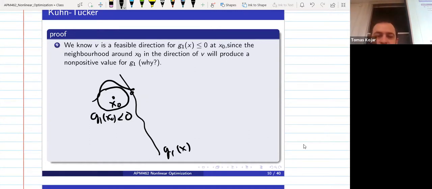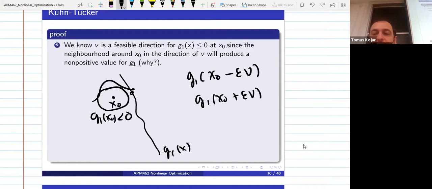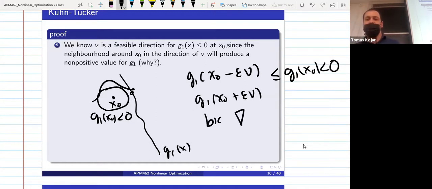Meaning if you take G1 of X naught minus epsilon V and G1 of X naught plus epsilon V, these are both less than G1 of X naught, which is strictly less than 0. Is that okay? Because we just showed that the gradient of G1 of X naught with V is negative.